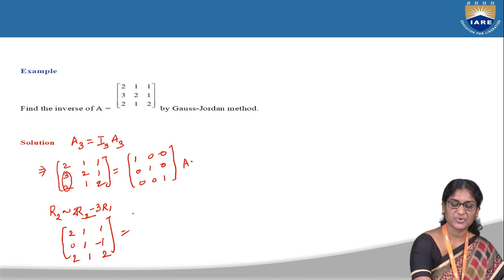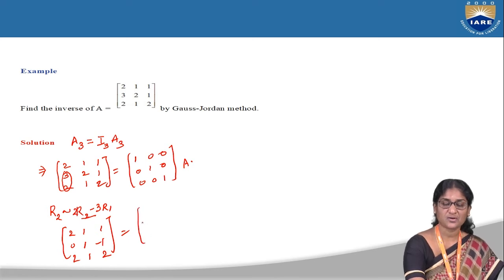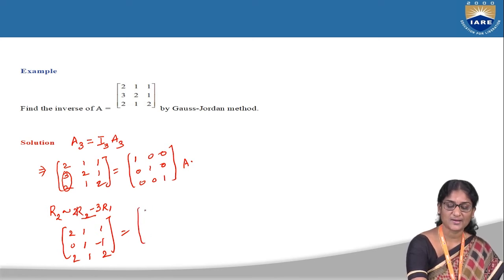You do the same operations to the prefactor of the right hand side matrix. So we get 1 0 0, minus 3 2 0, 0 0 1, into the matrix A.